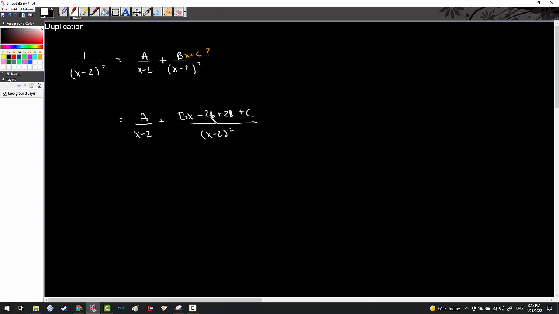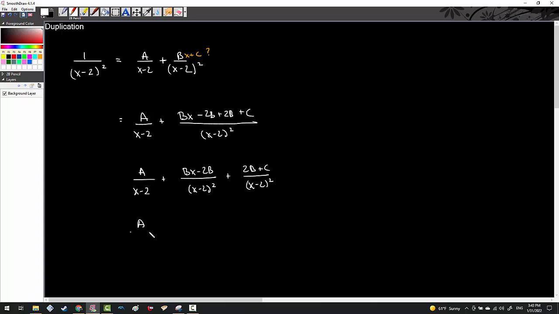But what I'm going to do is split this expression into a couple of different fractions here. I'm going to say a over x minus 2 plus, I'm going to call this bx minus 2b over x minus 2 squared plus 2b plus c over x minus 2 squared. So I just separated the fraction out. And then here I'm going to factor out a b from the middle expression.